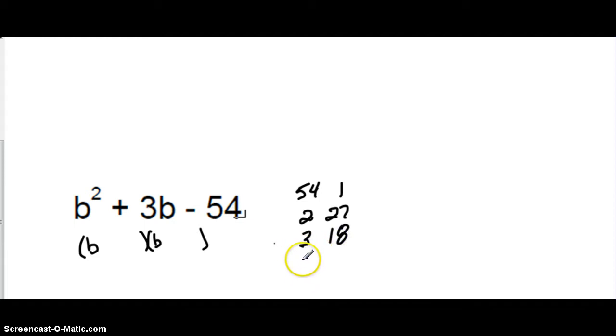Let's think of some other ones here. How about 9 and 6? 9 and 6 will get us to 3. So let's watch our signs. This has to be a positive 9, so when you add negative 6 to it, you get positive 3. And remember, positive 9 times negative 6 is going to equal negative 54.